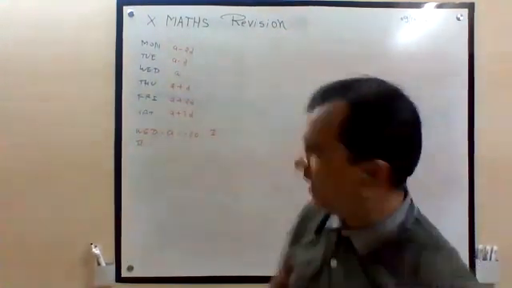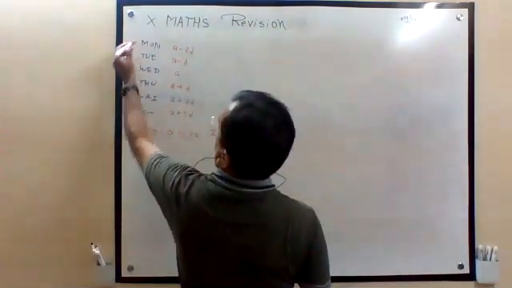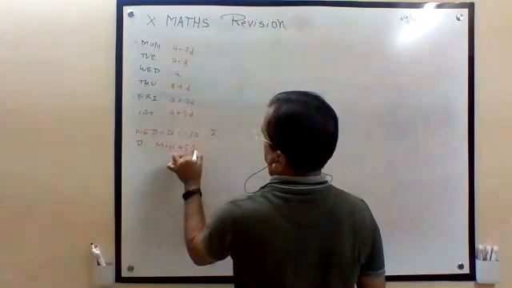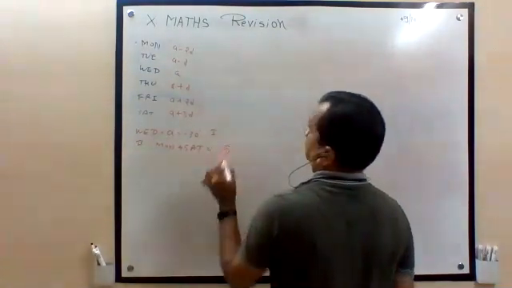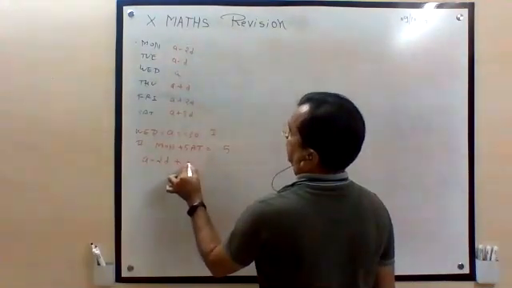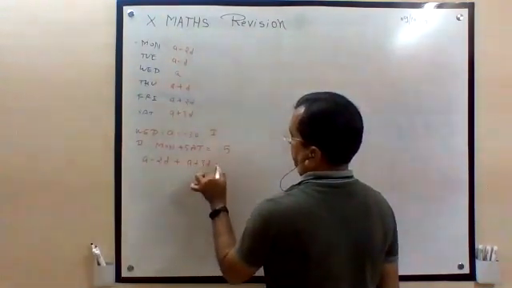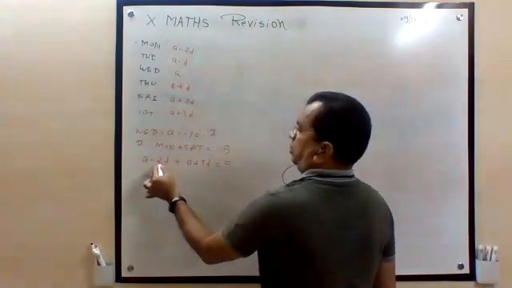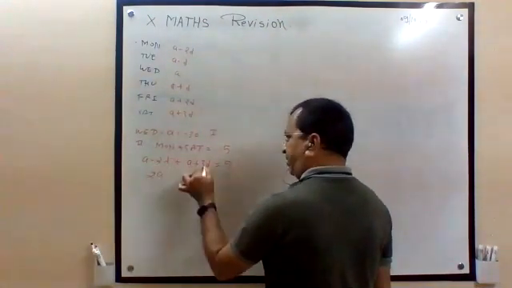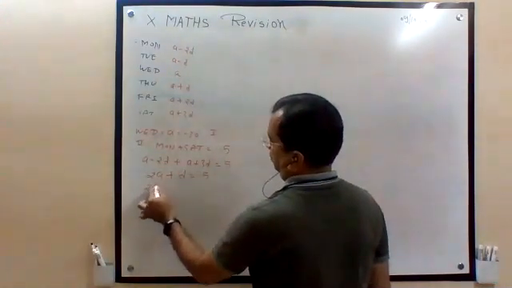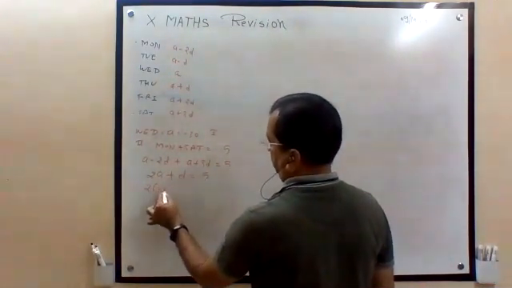The sum of the Monday and Saturday is 5. So Monday is what? A minus 2D. Saturday is what? A plus 3D is equal to 5. So 2A, minus 2D plus 3D, only D. And A we know how much?